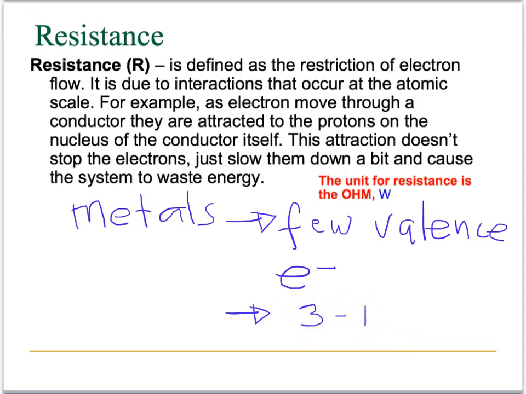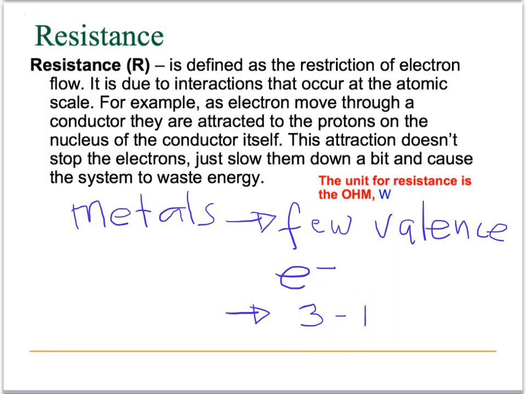Since the valence electrons are the ones that are transferred from one point to another, the number of valence electrons of a metal determines how good a conductor that metal is.